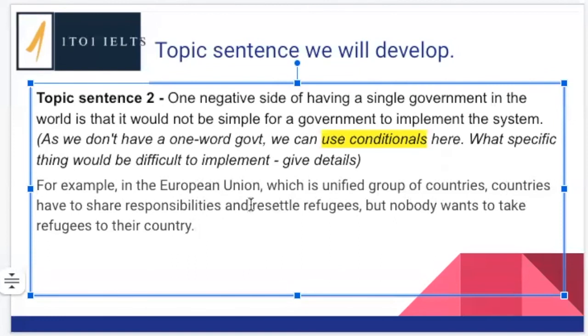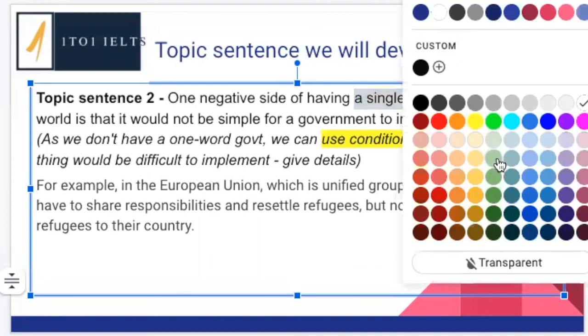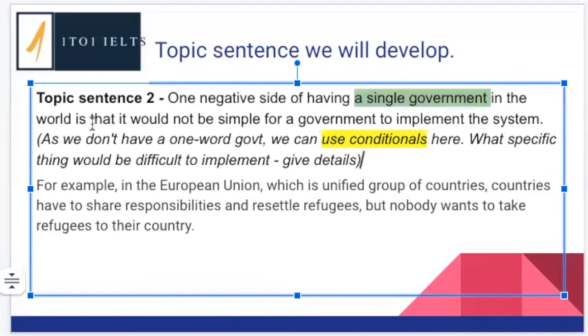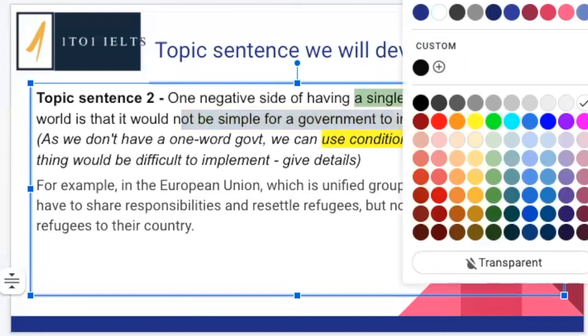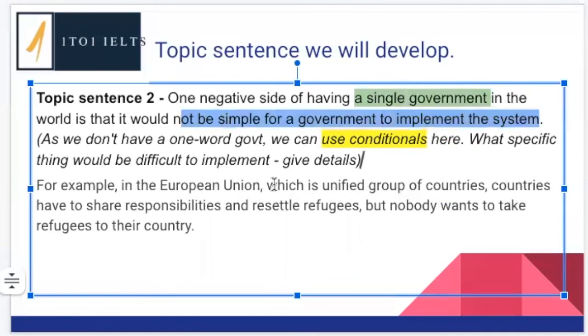Okay, so is this showing? So let's have a look. We've got a single government. And it's not easy to implement things. Okay. And then Tamara is saying we could be a bit more specific here. Nobody wants to take refugees to their country.